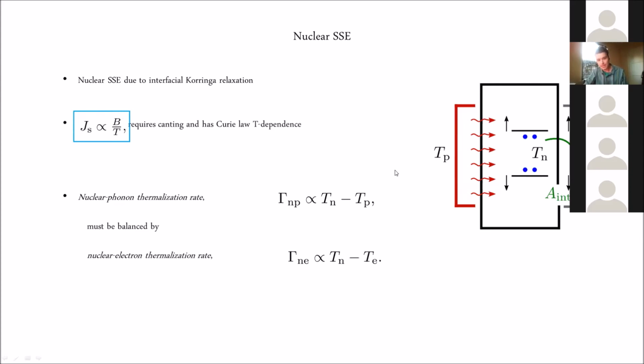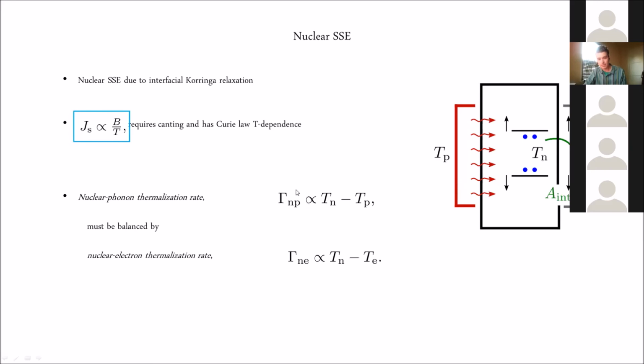And then there are the factors of nuclear thermalization. So in thermal equilibrium, the energy going in to the nuclear spins has to be balanced by the energy going out into the electronic spins.